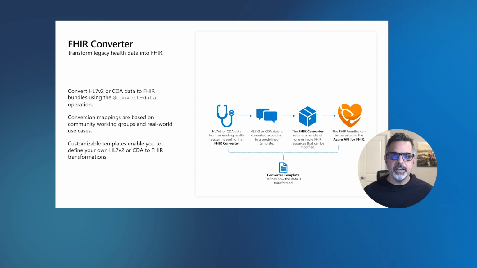The templates that enable the transformation of HL7v2 messages or CDA documents into FHIR bundles are entirely customizable. These templates are based on work that's being done in the community, but they're a starting point for you to figure out how you want to transform your data into FHIR.